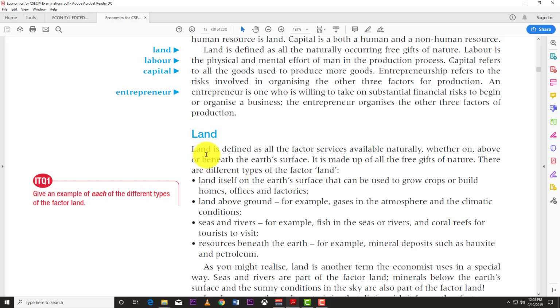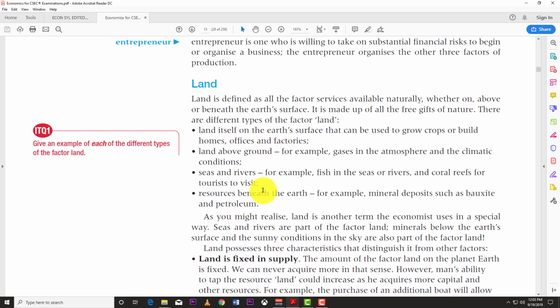You have the natural God-given gifts such as the sea, the ocean, rivers, ponds, your gold mine, your silver mine, your bauxite mines, the actual land that you use to engage in agricultural production. All those are what land entails as a factor of production.